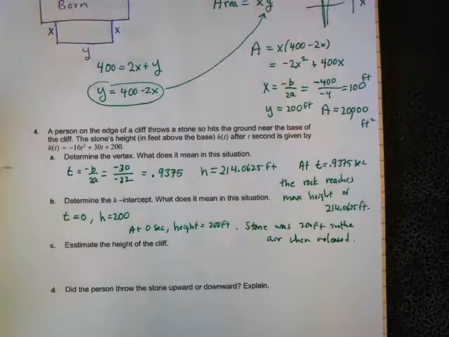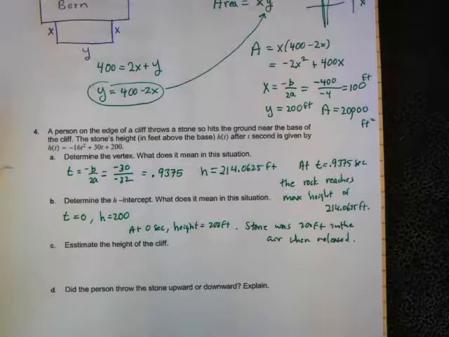All right, so now here's the question that you've already asked. Estimate the height of the cliff. How high is the cliff? 200 minus like 3. A little less than 200, right? Because it's 200, I throw it from here. So it's a little less than the height of the person.